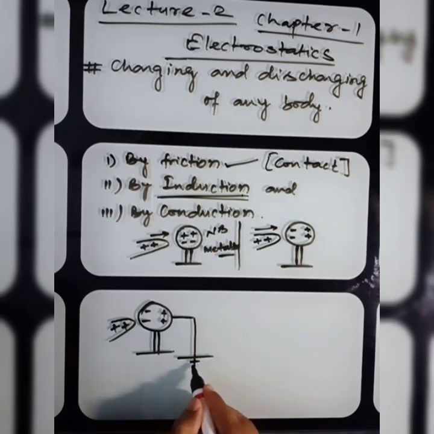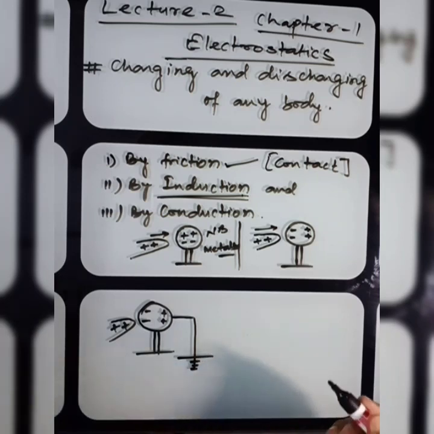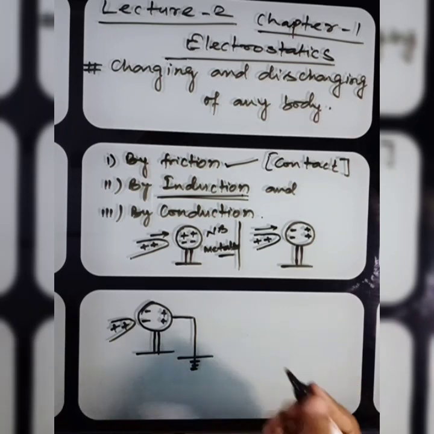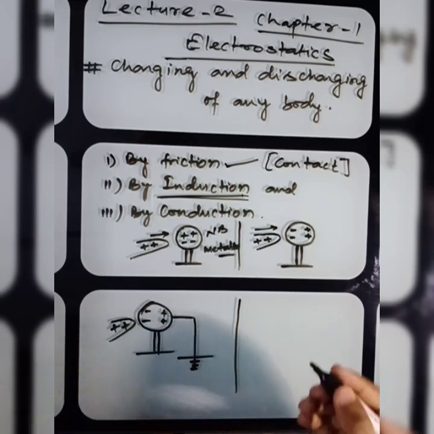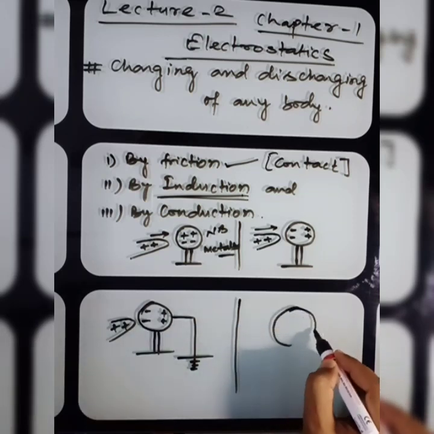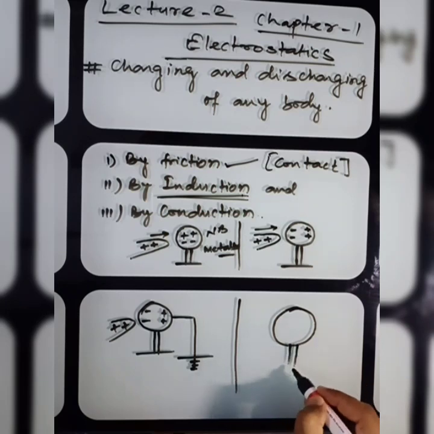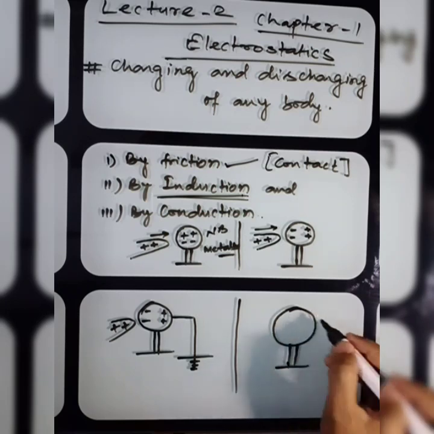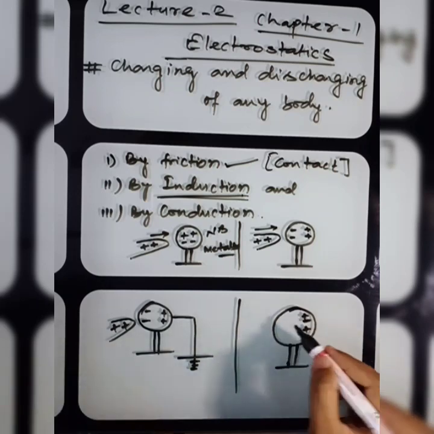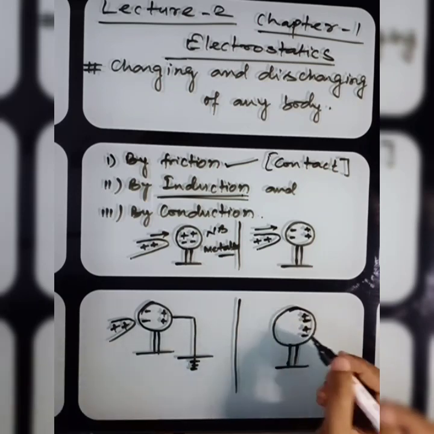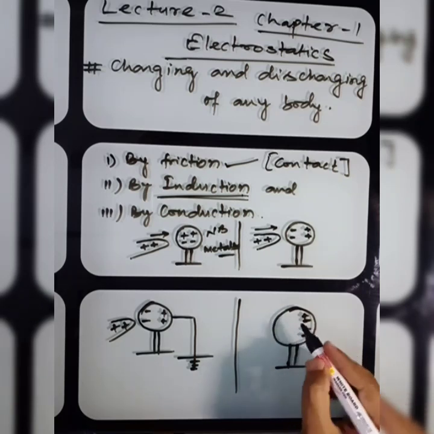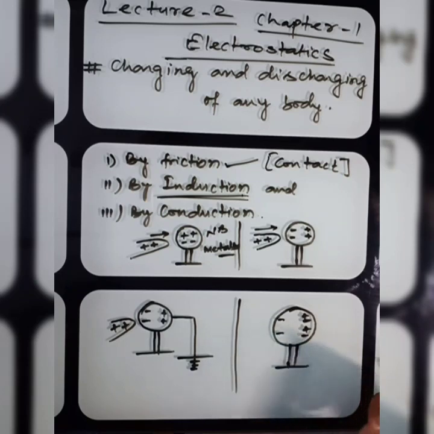Now earth this body from the positive side. What will happen, students? A number of electrons will flow from the earth and neutralize this positive charge, because the earth is a source of infinite negative charge that can take or give negative charge.